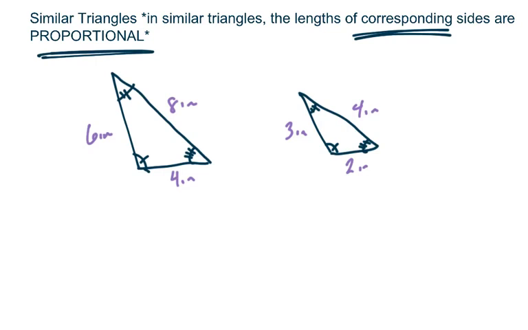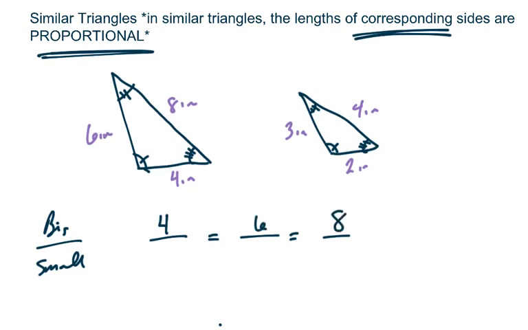So to figure that out, the easiest way is I'm going to write 3 ratios here. I'm just going to take the bigger one on top of the smaller one, and I'm going to list them least to greatest. So I have 4, 6, 8 for the big guy, and then for the small guy, I have 2, 3, and 4.